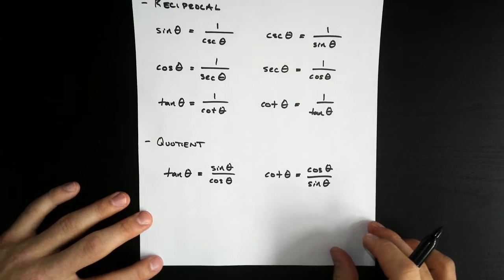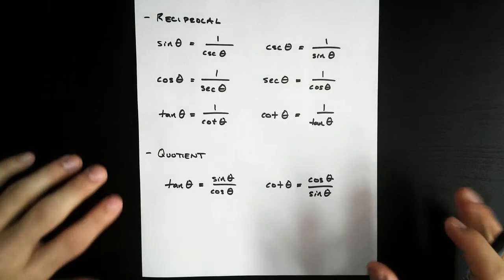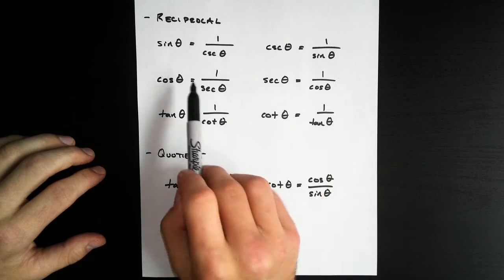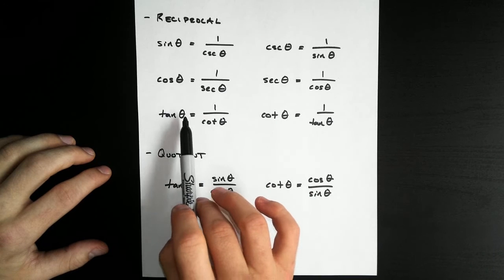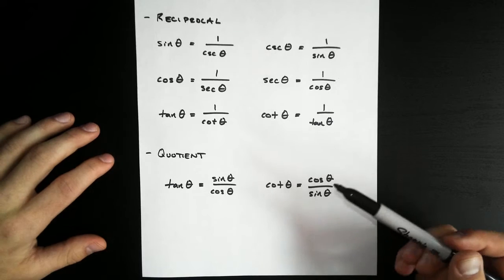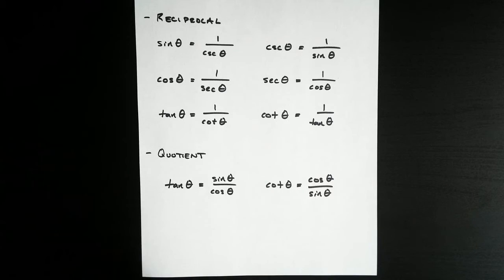Okay? So each one of these just comes from the way that we defined our trig functions in the beginning. But these are all identities. So no matter what value I plug in for theta in any of these equations, both sides are always going to be the same thing.